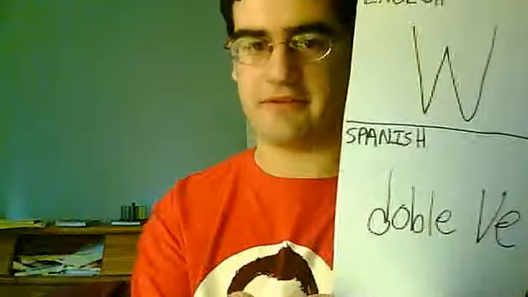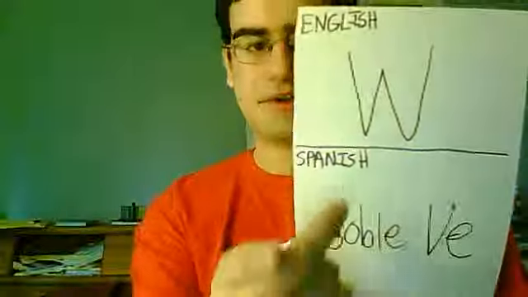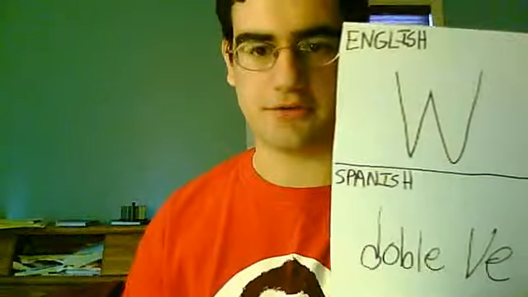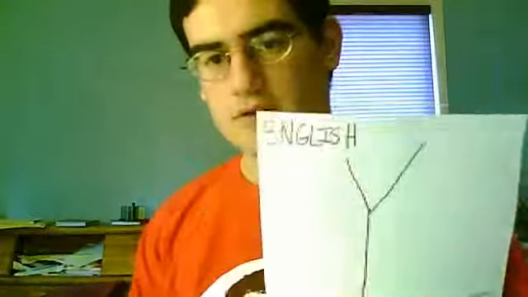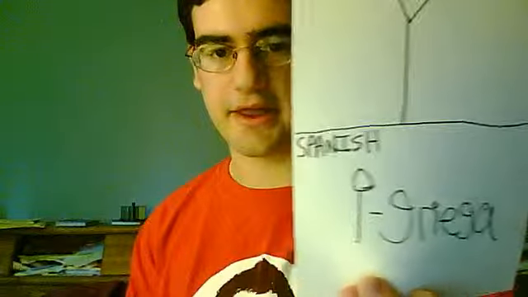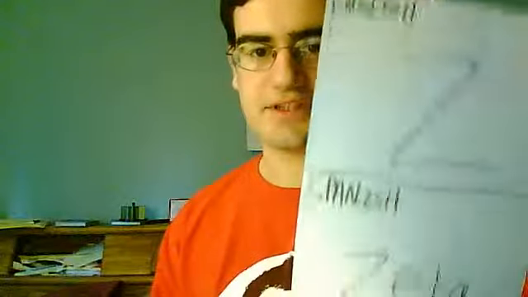The reason why it's double is, if anyone has taken French before, this is the reason why. Because if you look at it, there's two V's, so double V. X is pronounced "equis." Y is pronounced "i griega." And last but not least, Z is "zeta."